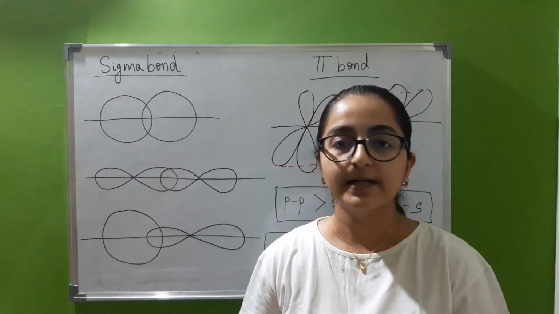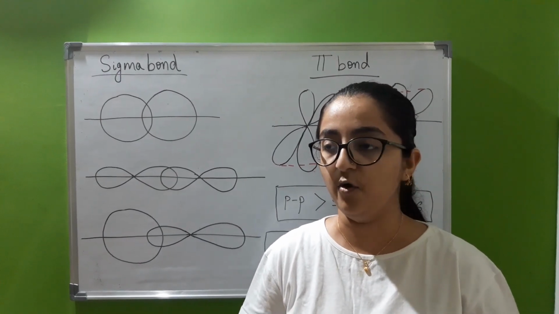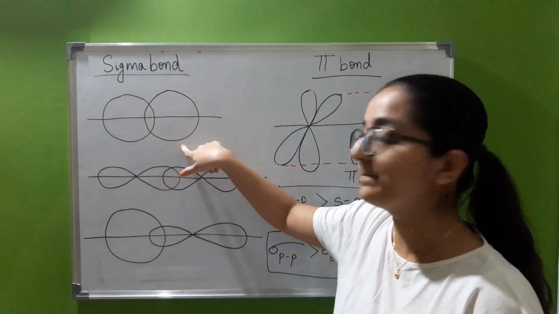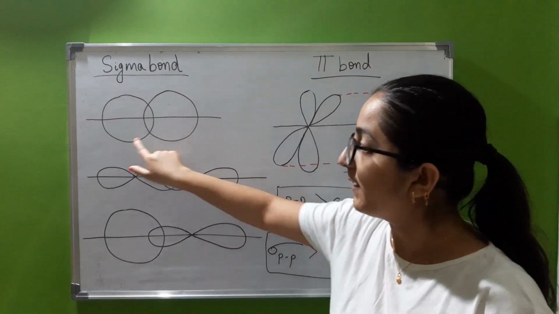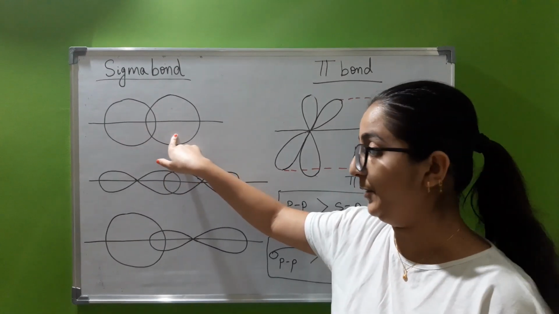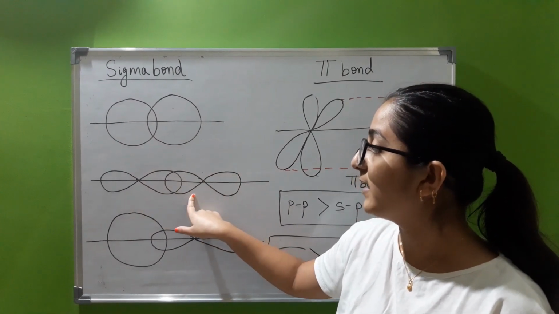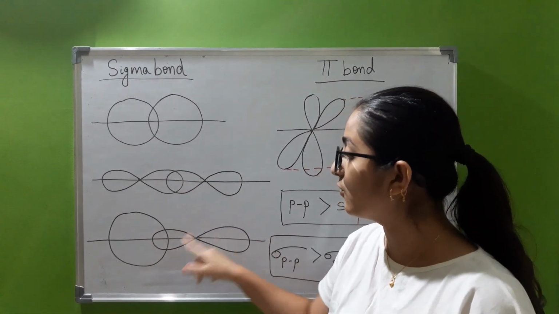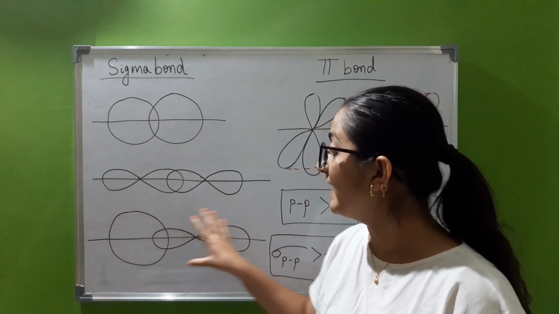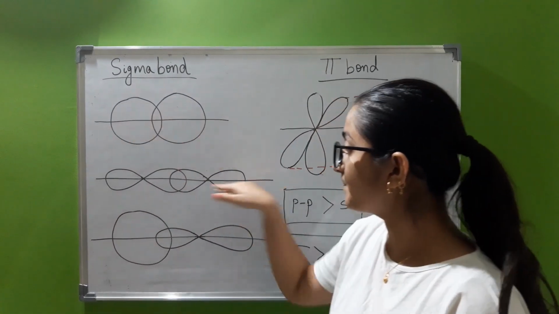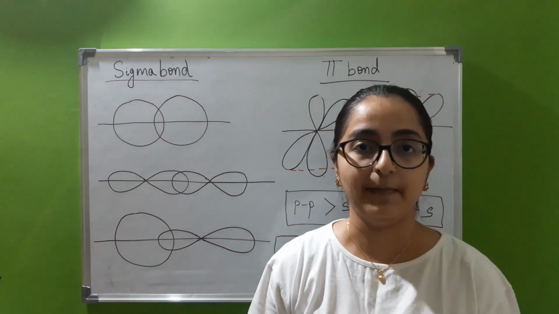Now, looking at the formation of the sigma and pi bond. When covalent bonds are formed, if the orbitals overlap each other linearly in this particular manner, when an s and s orbital overlap each other in a linear manner, when a p and p orbital overlap each other in a linear manner, and also when an s and p orbital overlap in a linear manner along the internuclear axis, they form a sigma bond.